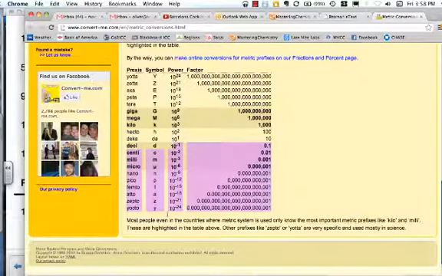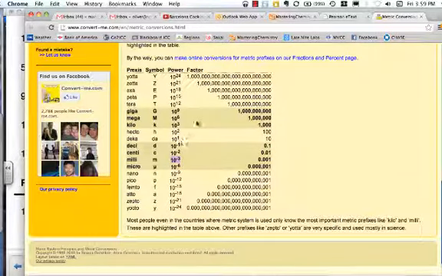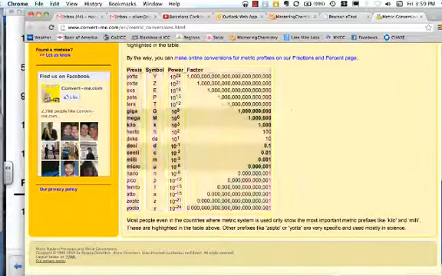Deci is 1/10 of the base. Centi is 100th of the base. Milli is 1,000th, or 10 to the minus 3 from the base. So I am going to be referring to these powers, and you can also use this last column here to do your conversion factors, as you will see in the notes. Okay, so let's go back to the notes.